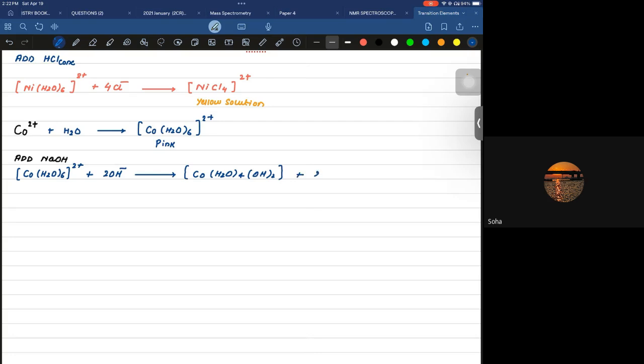And then this is removed, so there is no charge on this. So I would observe a blue precipitate after adding sodium hydroxide.